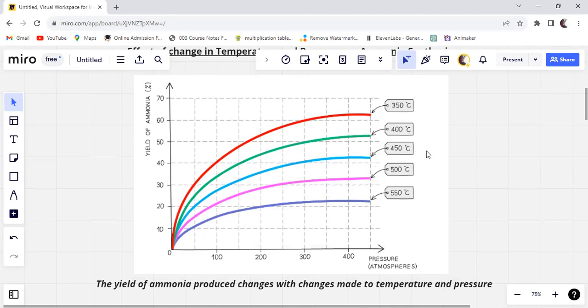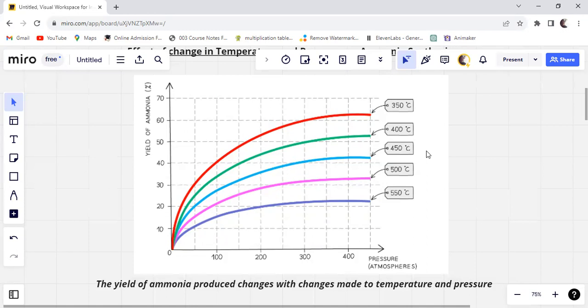You can see that a higher temperature would favor the reverse reaction, as it is endothermic, so it takes in heat. So at higher temperature, a higher yield of reactants would be made. But if a lower temperature is used, it favors the forward reaction, as it is exothermic and releases heat. So that will yield a higher production of your products.